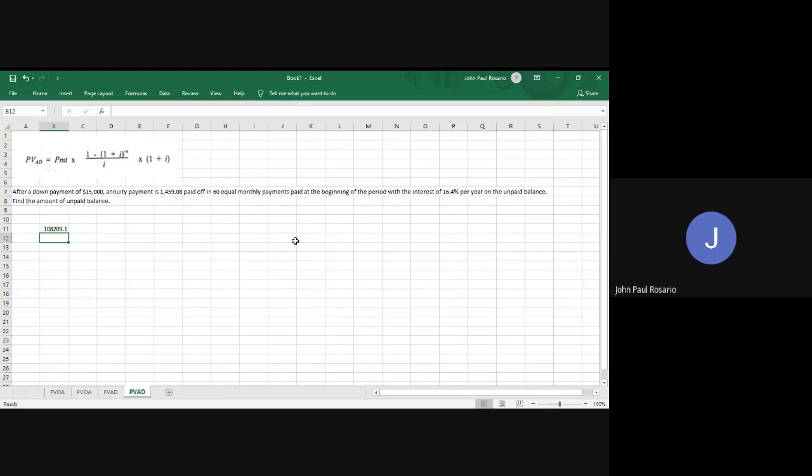Meaning from zero, you accumulate money so that you have money in the future. While for present value, it is from something to nothing. You have money now, and you use it gradually until it becomes zero. Okay?